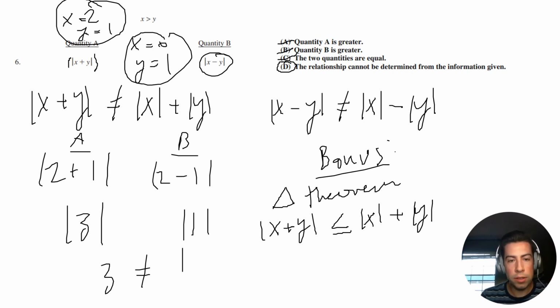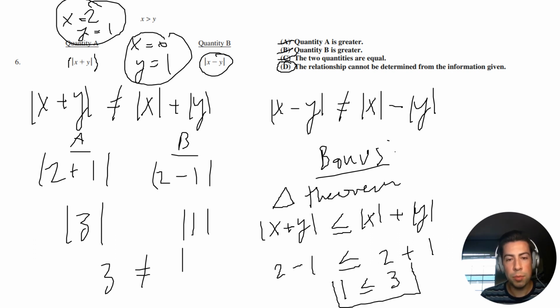If x was 2 and y was negative 1, what we're going to get is 2 plus 1, and then 2 minus 1. So 1 is less than or equal to 2 plus 1, which is 3. All right, so this checks out. This is just a little bonus thing, but just to think about, for every case, this has to be true.